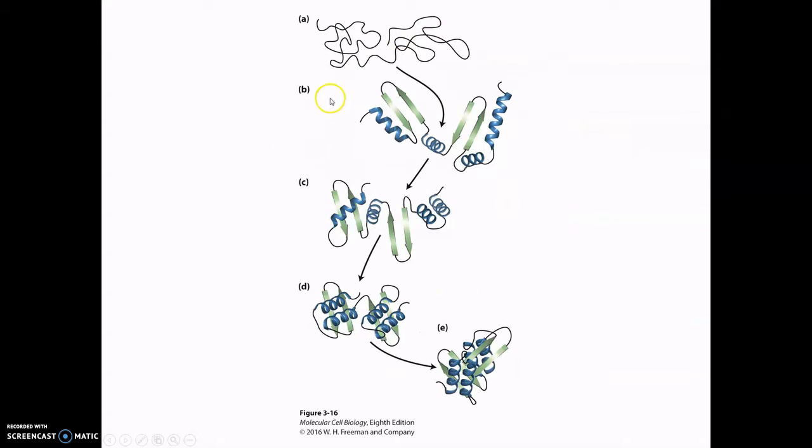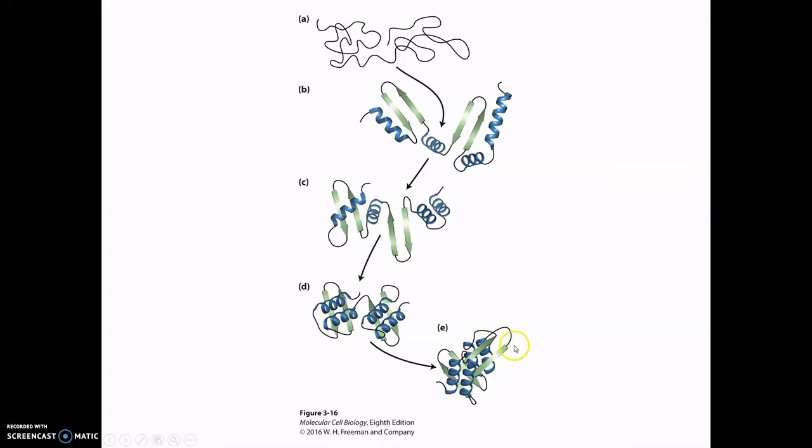And so here's another example of that. So here we have a floppy noodle. Here we have some secondary structures forming spontaneously, and it's folding up to hide all those hydrophobics, and now we have a defined three-dimensional shape. Here you'll notice there are alpha helices, there are beta sheets, but we also get these loop regions.